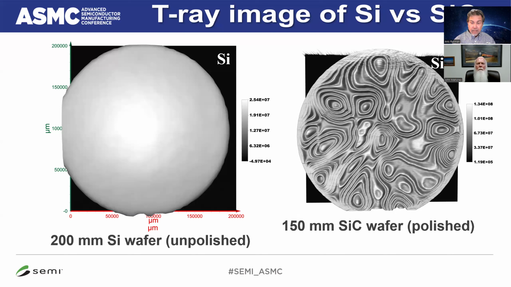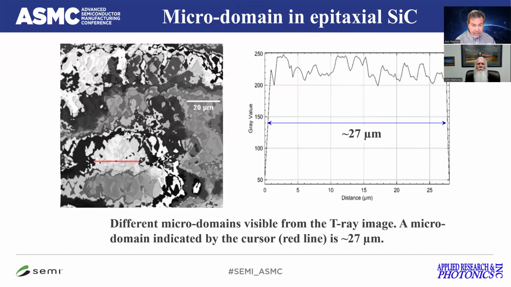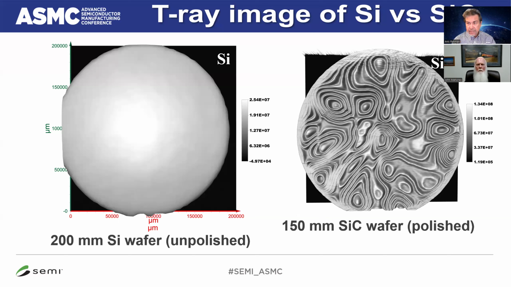But the polytype variation could be, and we are working with some other leaders in the same space, and hopefully we'll be able to find a little bit more with their help. Let me go through two or three more slides. There is some other information that I would like to share as well, if not today, maybe next time.